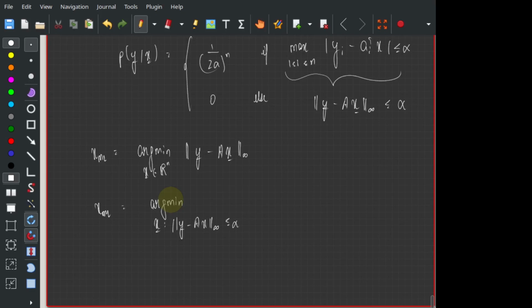Any constant. Right, so this is in fact a constraint satisfaction problem or a feasibility problem.